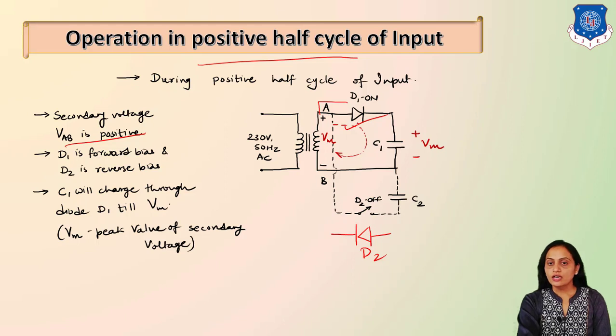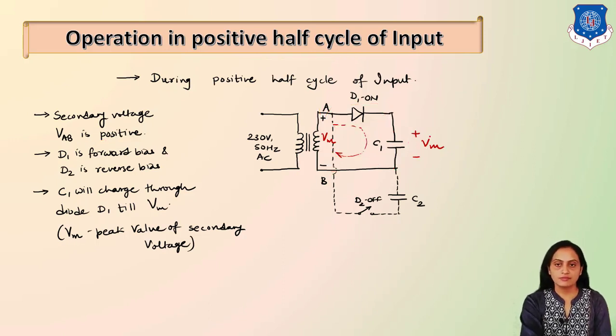So the current will be flowing in this path, and C1 will charge till voltage Vm, and this plus is assigned over here, minus polarity assigned over here. So the polarity of charge onto the capacitor C1 will be something like this.